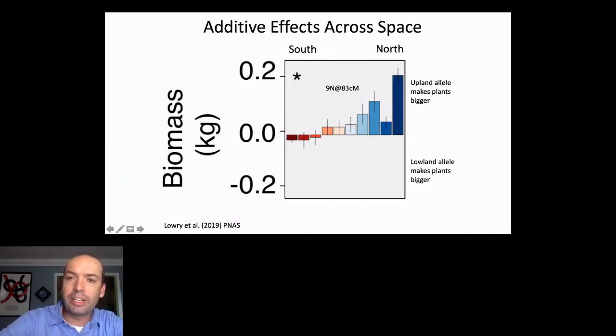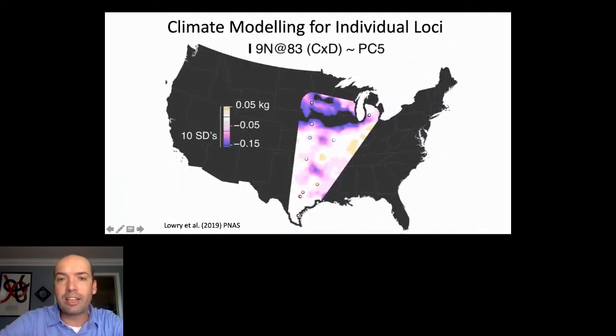The upland allele makes the plants bigger, and it has little or no effect down in the southern United States. We think that this locus may be involved in overwinter survival or preventing damage of plants during the wintertime. So it could be a locus that's involved in cold tolerance, which is very important in the northern United States. We can actually plot out the effect of this locus across space, the allelic effects, and see that it has a large effect up in the northern United States and then little effect down in the southern United States.